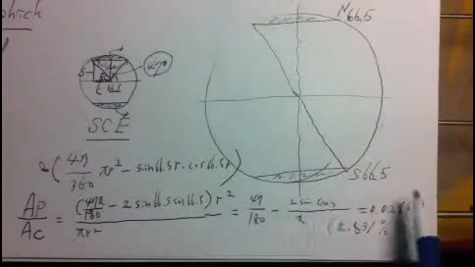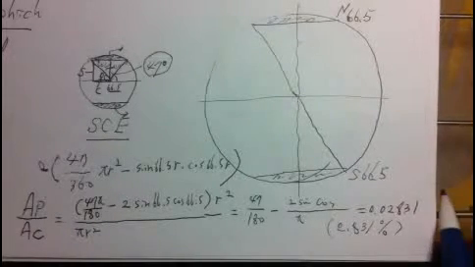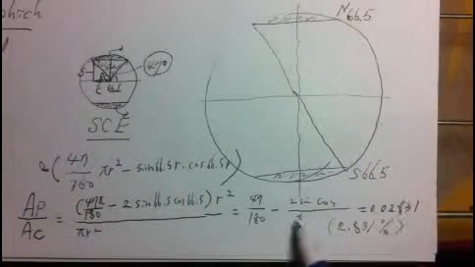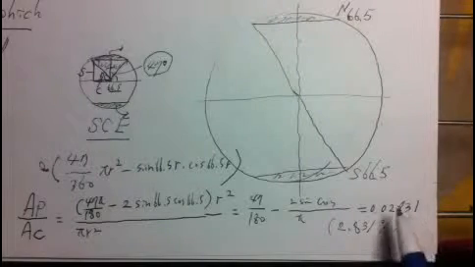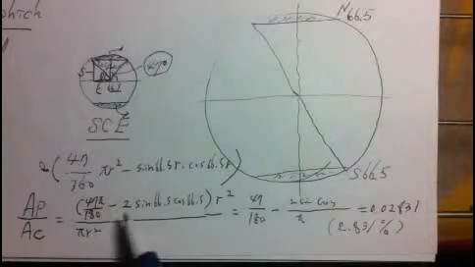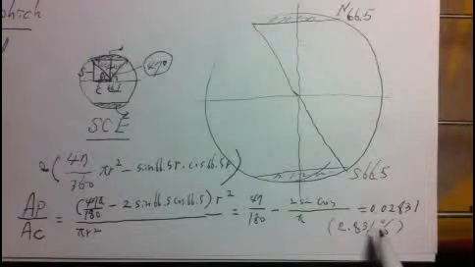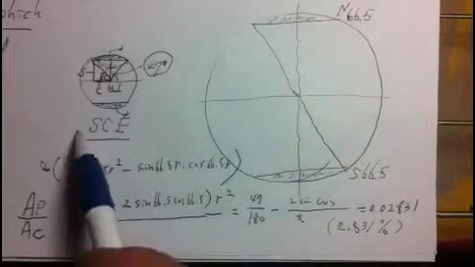I calculated this with my mobile phone calculator, the sine cosine over pi, and I get 0.02831. That means this area uses 2.831% of the solar constant energy.